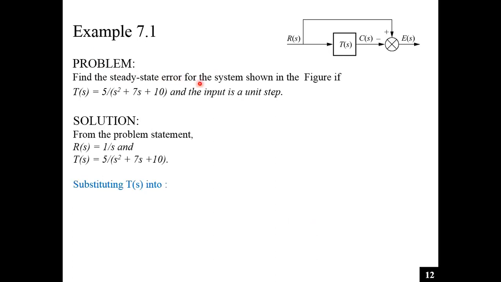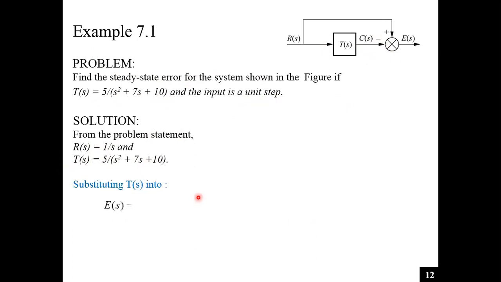Find the steady state error for the system shown in this figure, where the transfer function is 5/(s^2 + 7s + 10) and the input is a unit step. As the input is a unit step, R(s) will be equal to 1/s, and the transfer function will be equal to 5/(s^2 + 7s + 10).